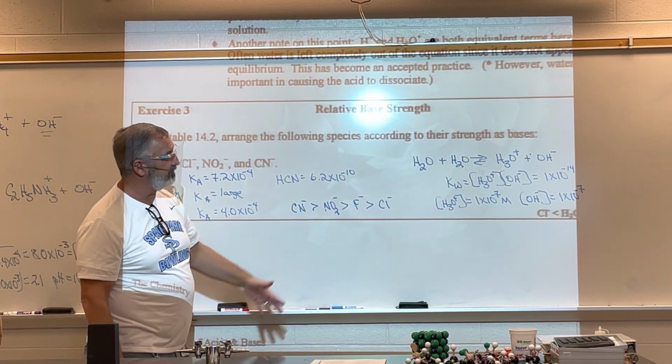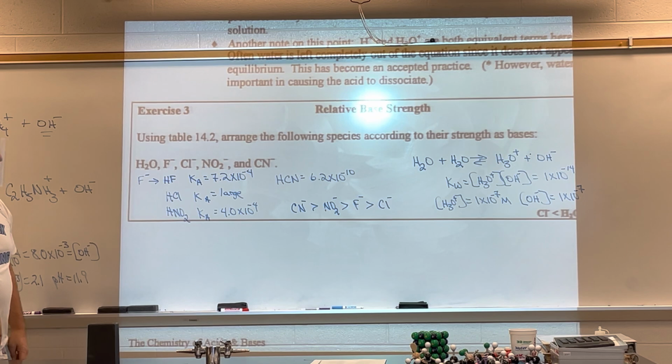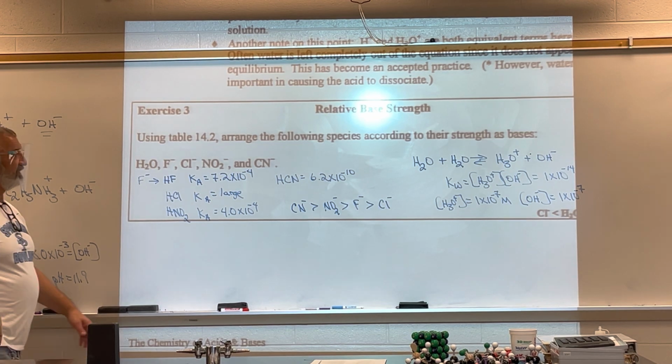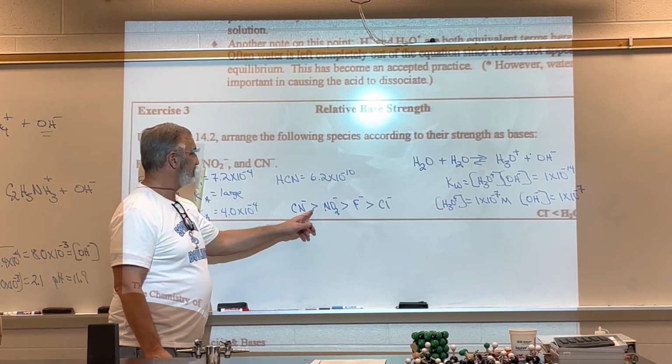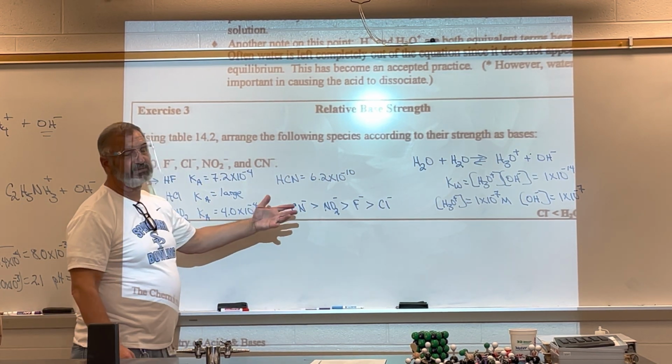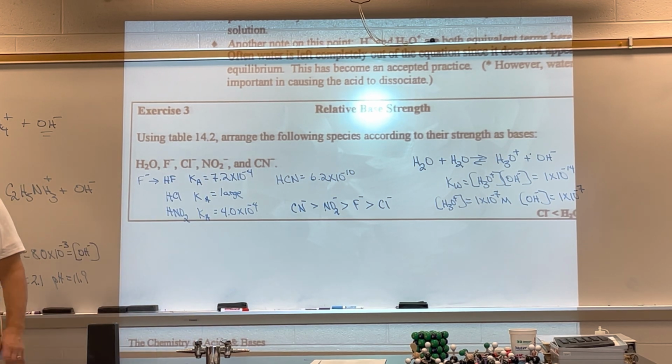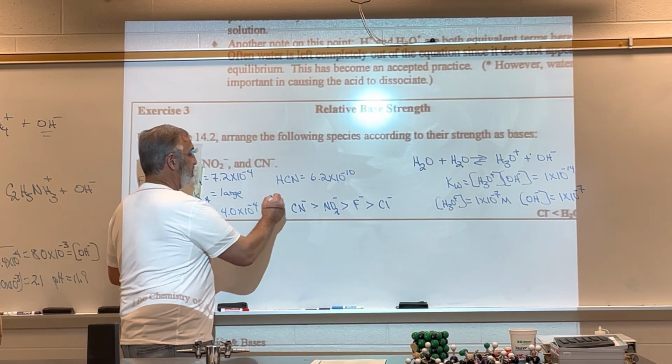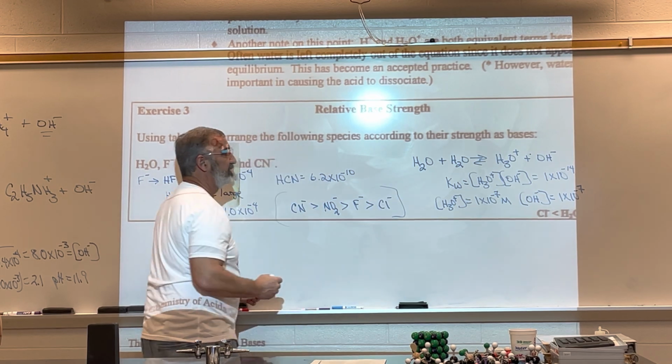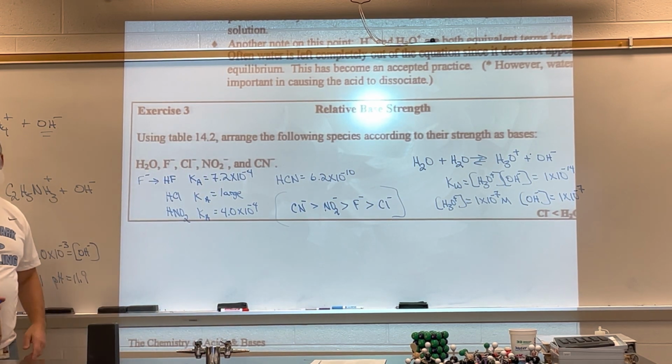They have it over there after the Cl minus, but I'm going to count it as the 10 to the minus 7th in here. I'm never going to ask you about the water, because it can go either way. This part is what I'm most interested in for you guys.